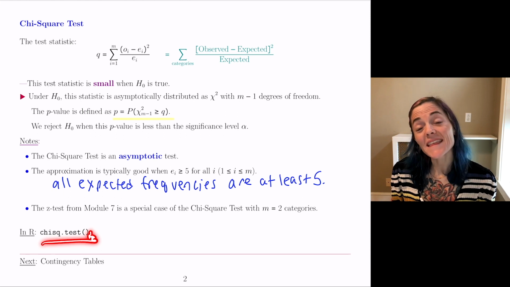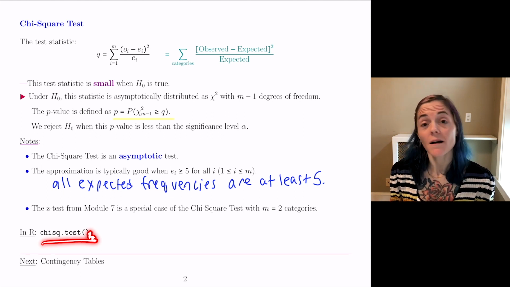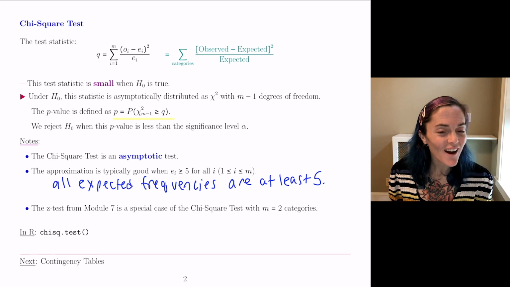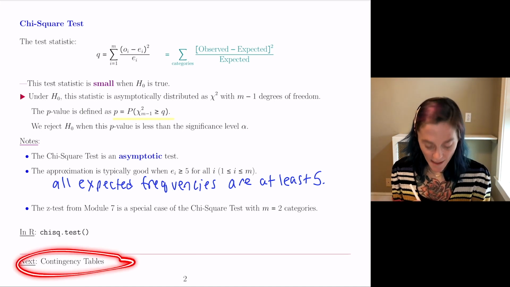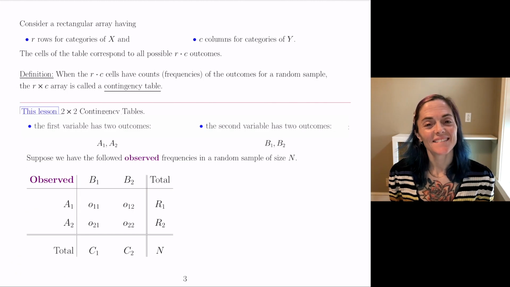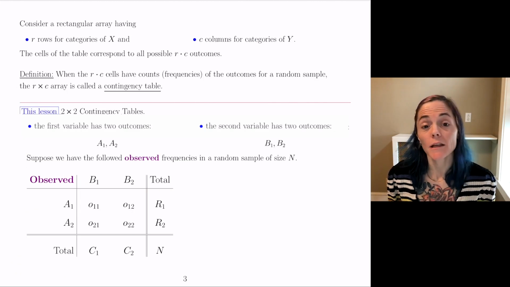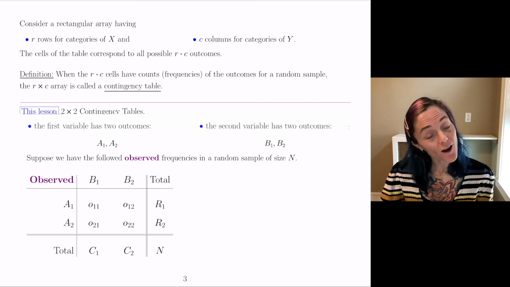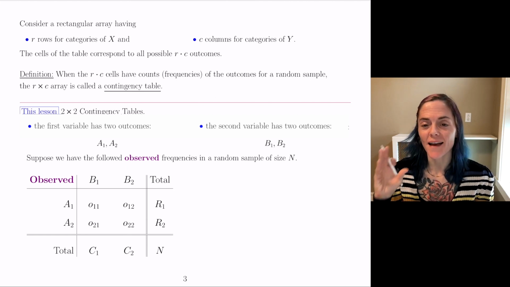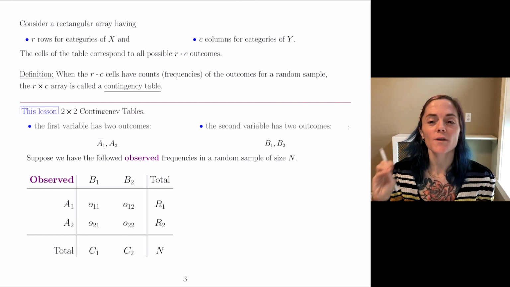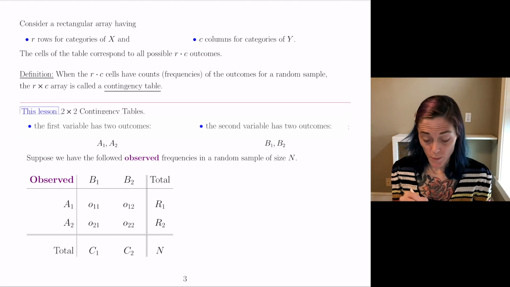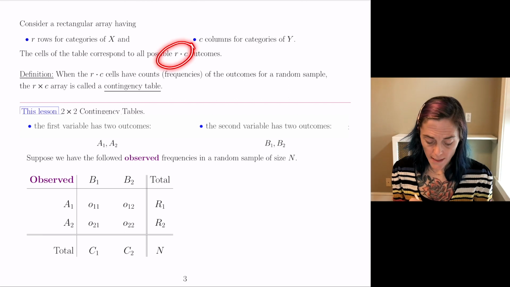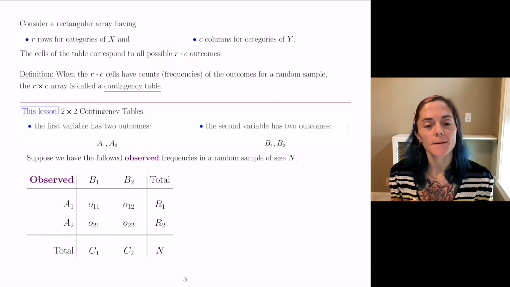Now, if you remember the name of this lesson, it was tests on contingency tables. So far, we haven't even talked about what a contingency table is, and so this is coming next. Let's consider a rectangular array having R rows for categories of X and C columns for categories of Y. The cells of the table correspond to all possible R times C outcomes.